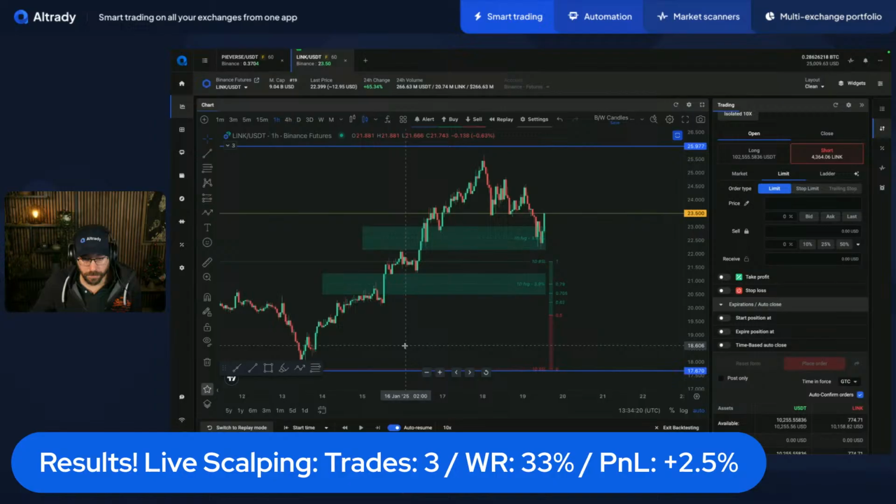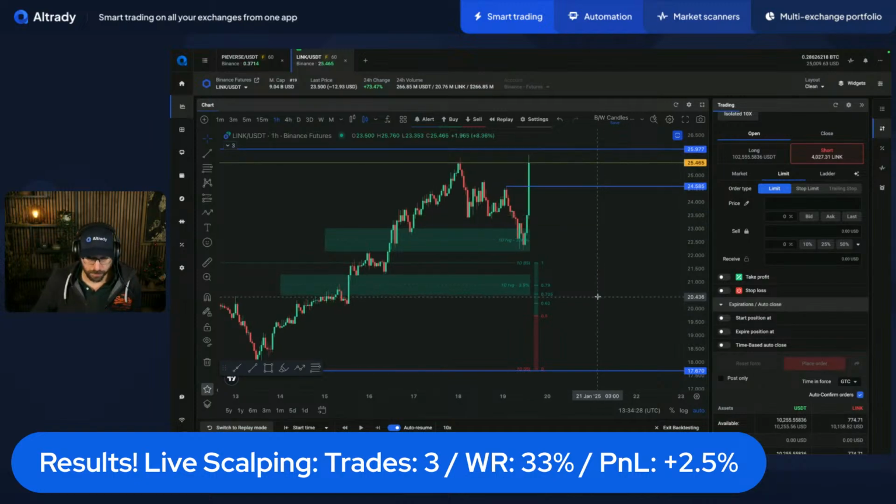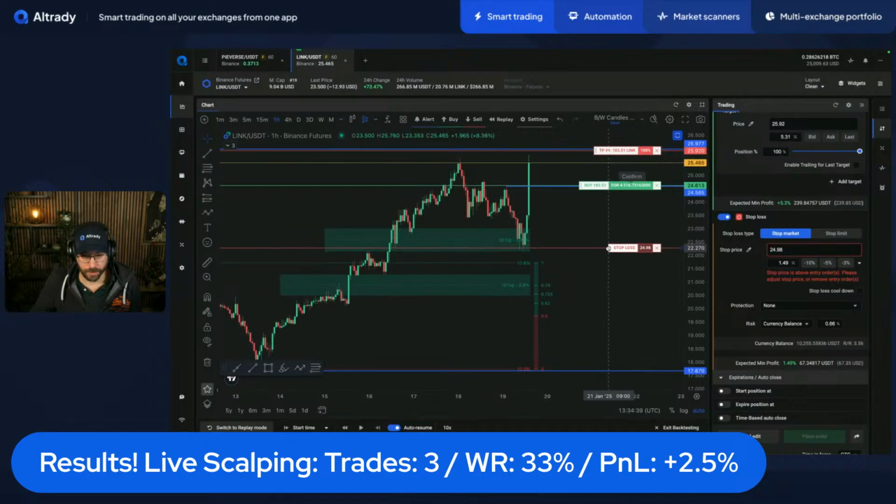Okay, so we see the price going up. Shift is here. That's quite a high shift. Price does go to it. So technically we can set our long like so.